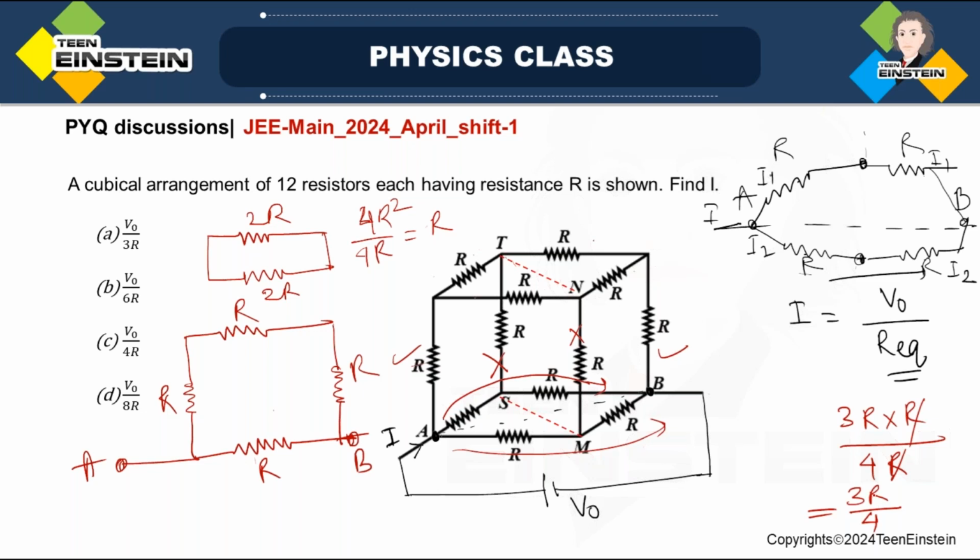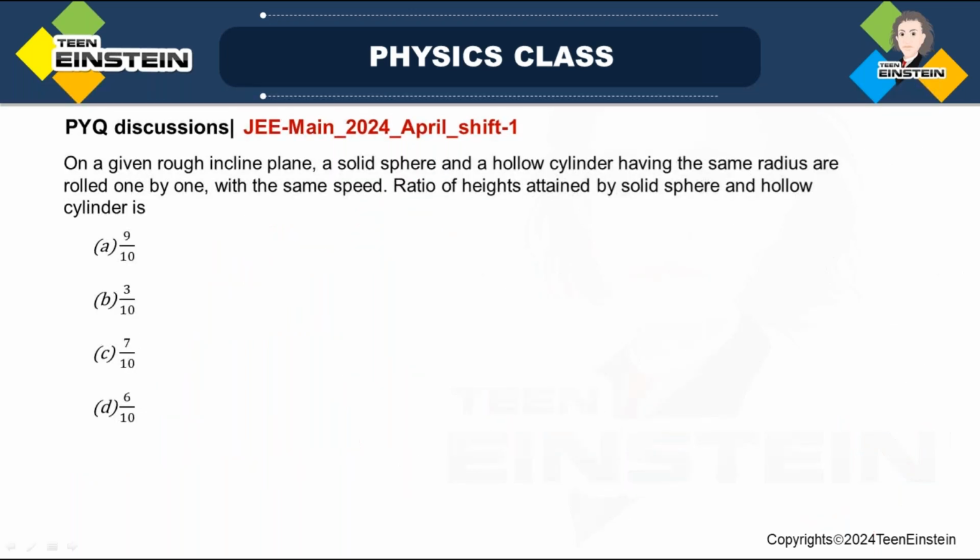So once I get the equivalent resistance, then what else do I have to do? Nothing else, right?